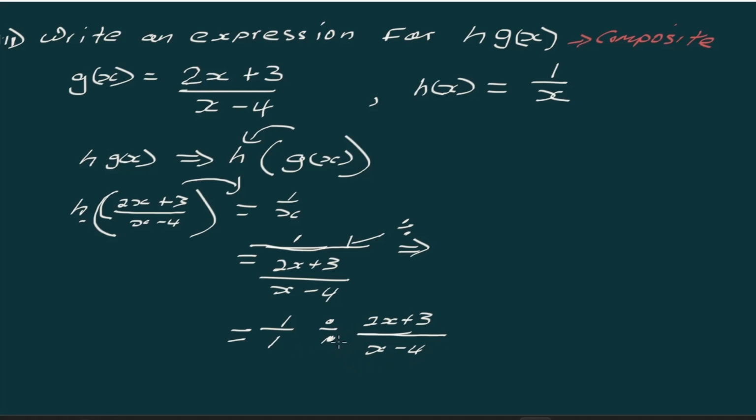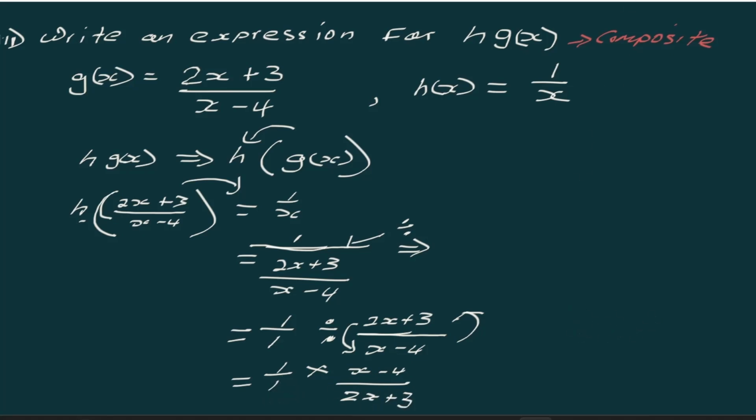But remember, we do not divide fractions. So it's 1 over 1, we change the sign to multiplication and we invert the second fraction, so we turn it upside down. So it will be x minus 4 over 2x plus 3.